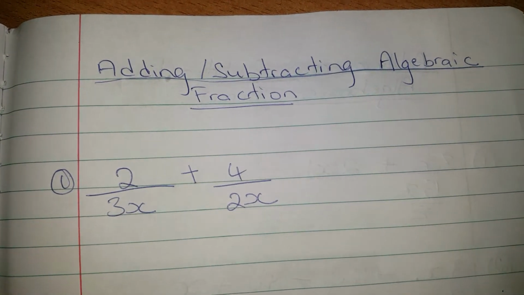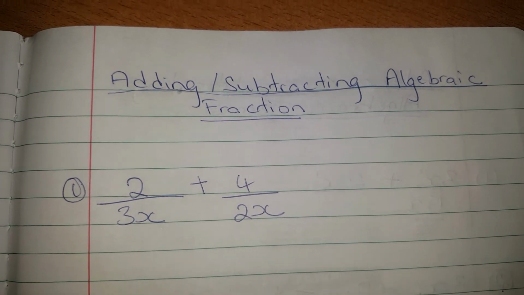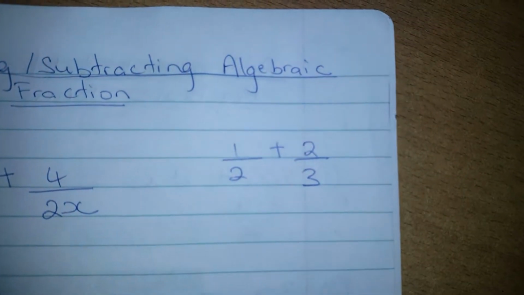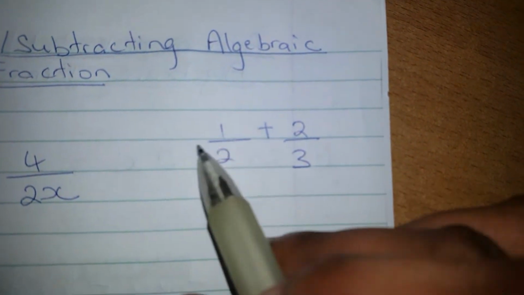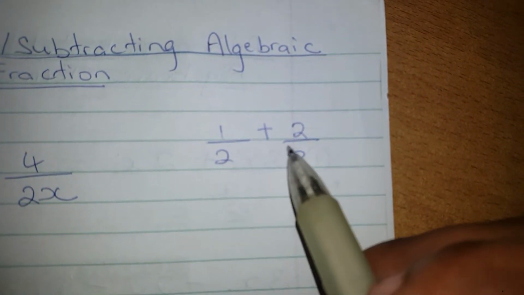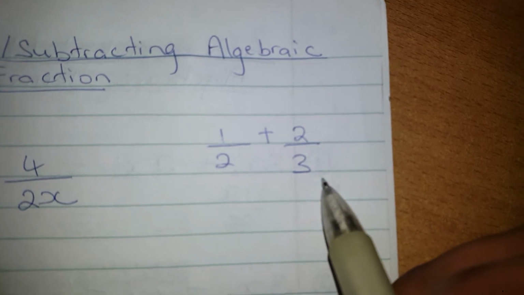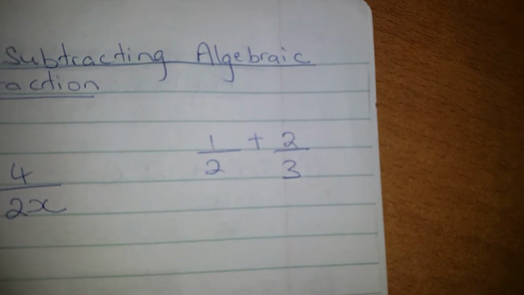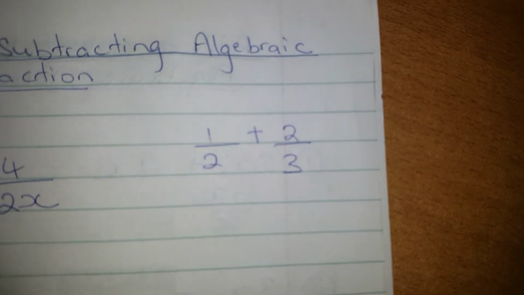For a quick recap, we're going to look at how we add regular fractions. This is our regular fraction over here. We have a half being added to 2/3. The first step in anything, there are two main ways you can do it, but for now I'm only going to show one way.